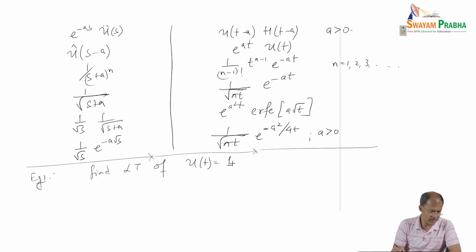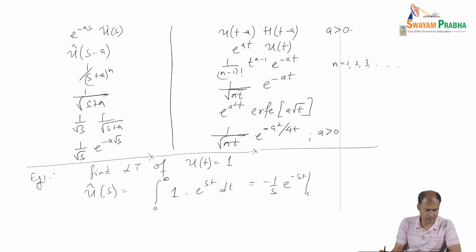As simple as that. Now, the answer is u hat of s is going to be the integral from 0 to infinity of 1 times e to the power minus st dt, and this is negative 1 over s e to the power negative st, where t is from 0 to infinity.